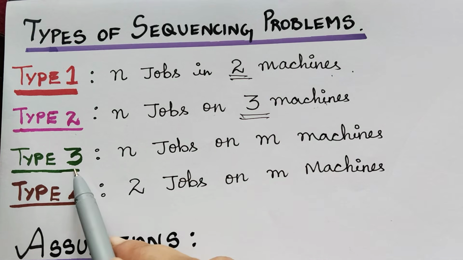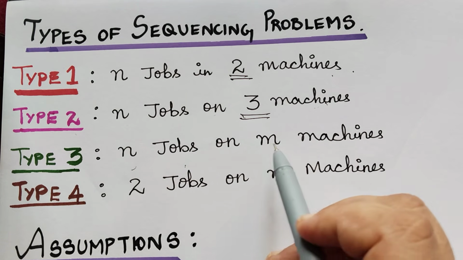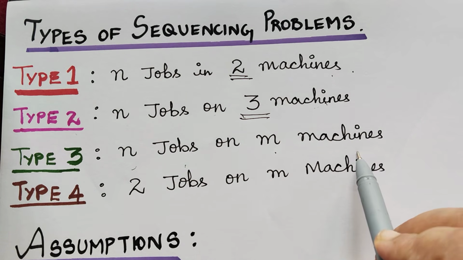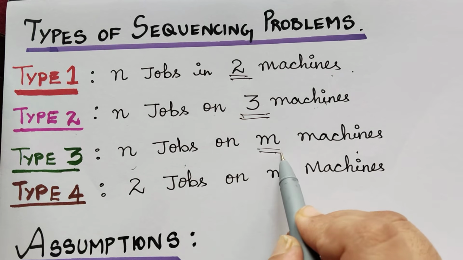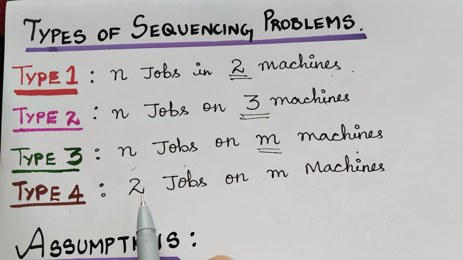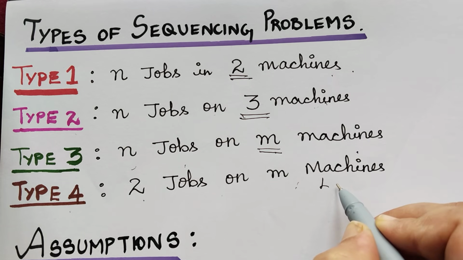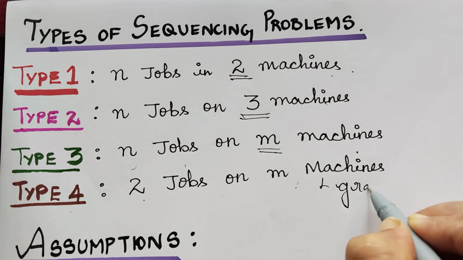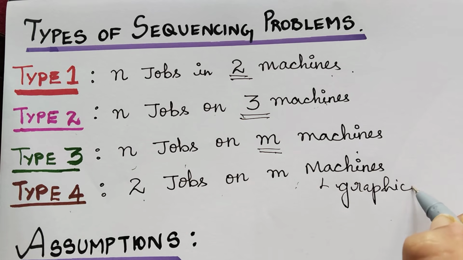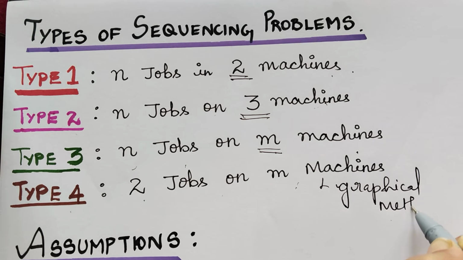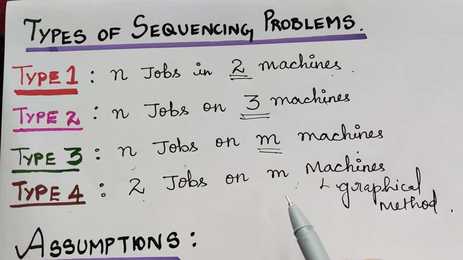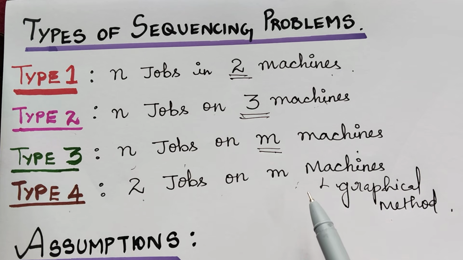And we also have type 3, where n jobs will be performed on m machines, so it's an m machine problem. And then we have type 4, that is two jobs on m machines, which will be done by the graphical method. So these are the 4 types that we will be learning under this series of lectures.